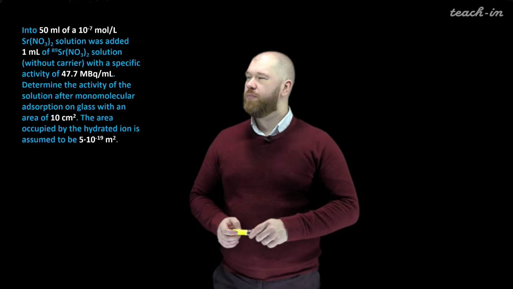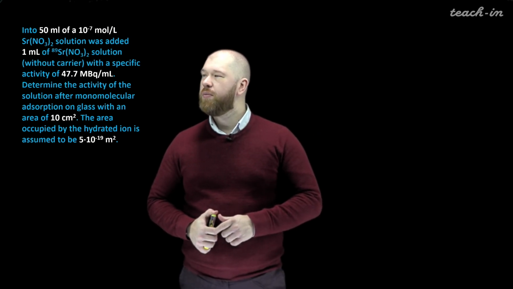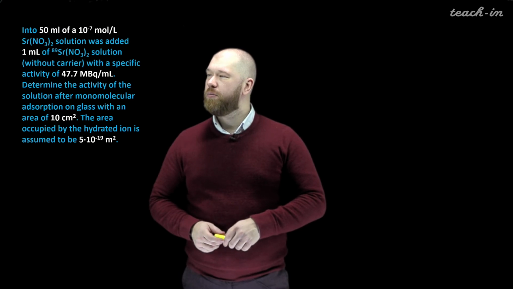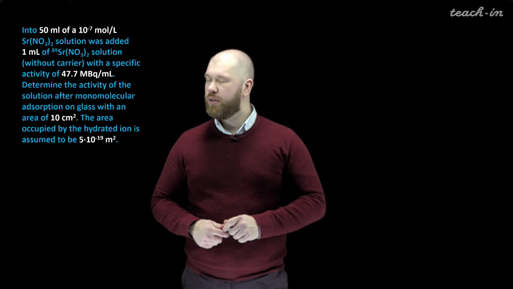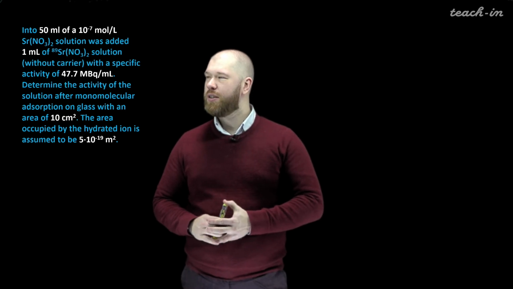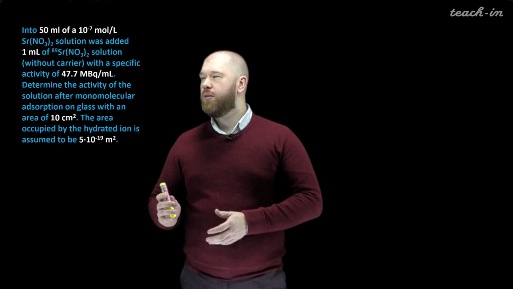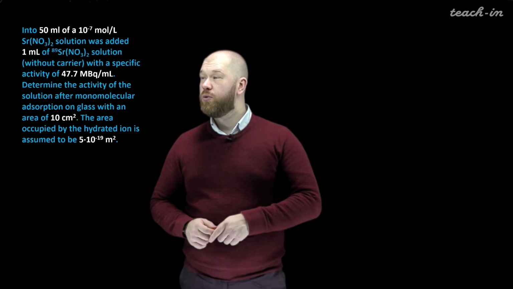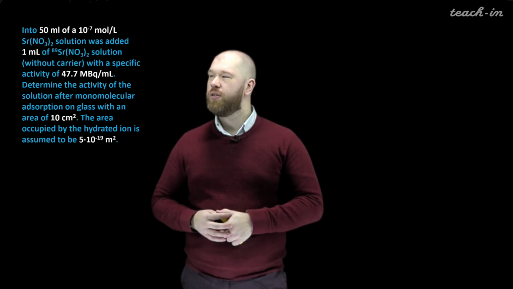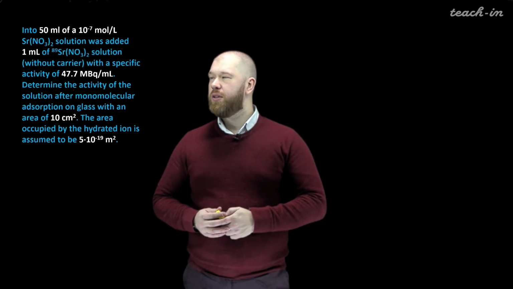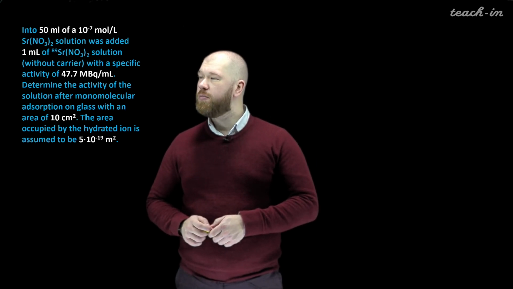So we have a solution of strontium nitrate, 50 milliliters with concentration 10 to minus 7 mol per liter, and we add just 1 milliliter of strontium-89, a radioactive tracer with a specific activity of around 50 megabecquerels per milliliter.